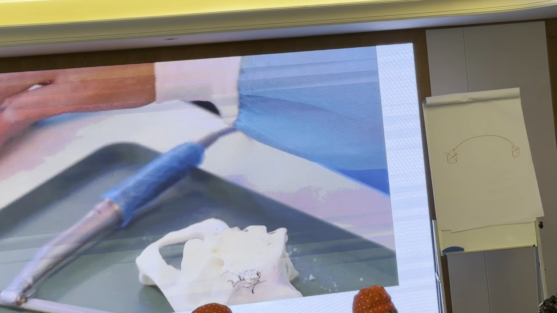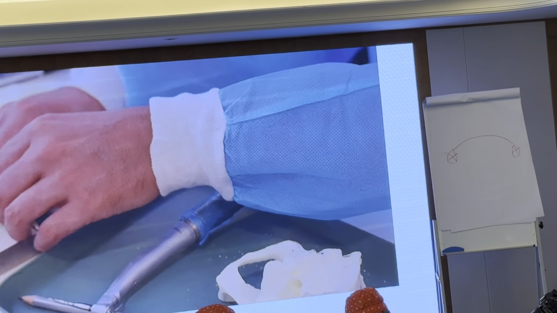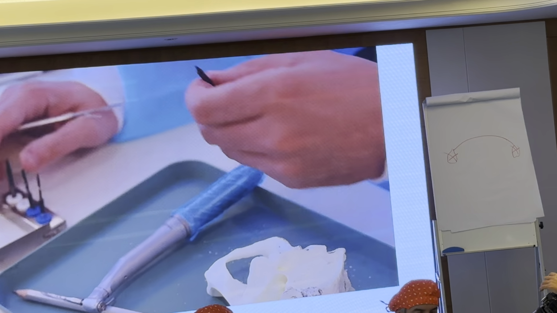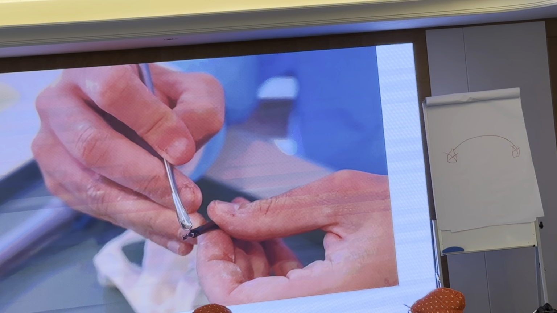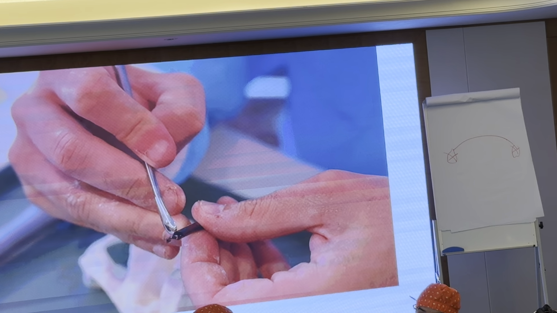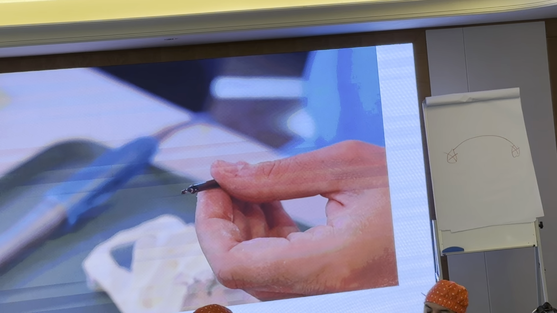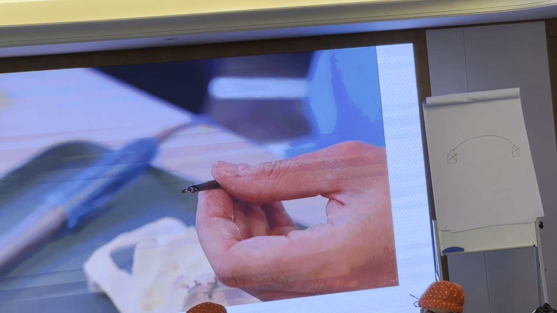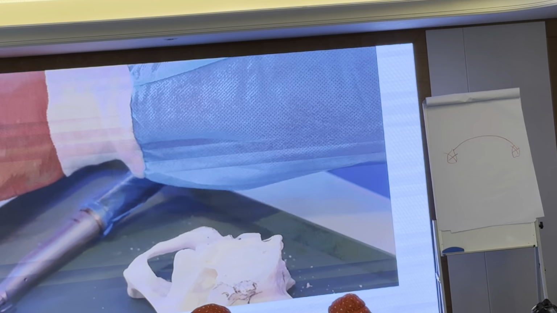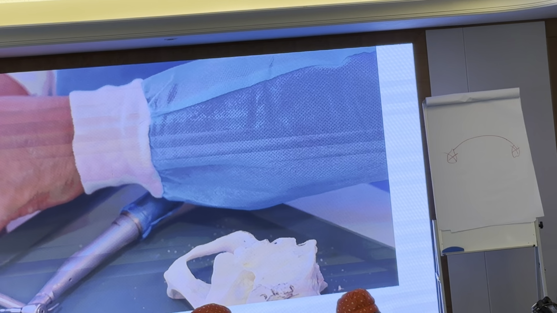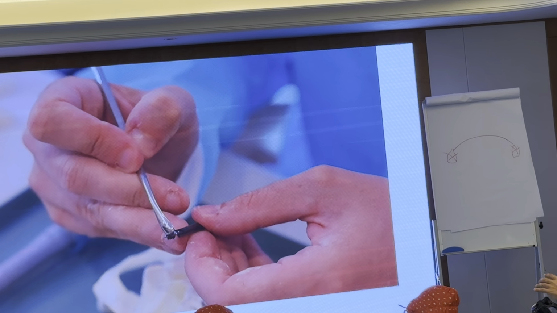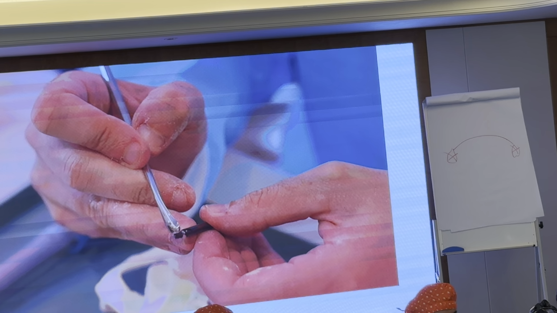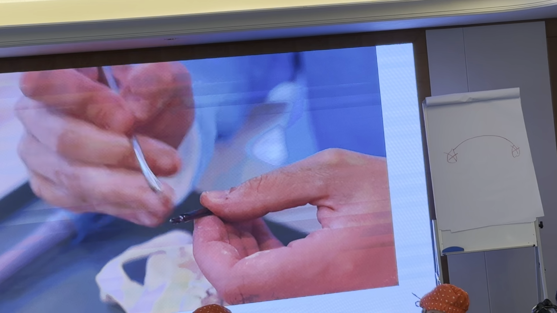Then we have the other 2 burs that prepare 2.8 millimeter diameter for the coronal part if we use the 3.3 pterygoid implant, and prepare 3.2 for the coronal part if we use the 4.0 implant.